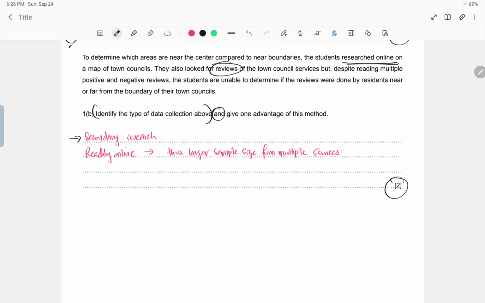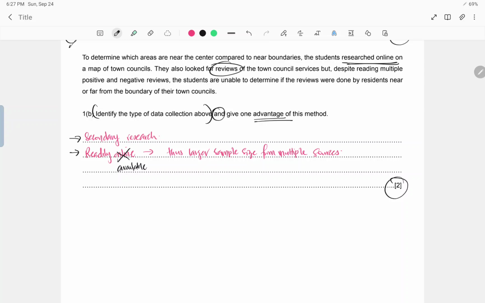You don't have to do the research, you just read whatever is available online, which has its advantage, which is that it is readily available. Okay, and this is something that most of you have written. But if you stop there without an elaboration, I didn't give you any mark. So what if it's readily available? It could be a good thing, it could be a bad thing.